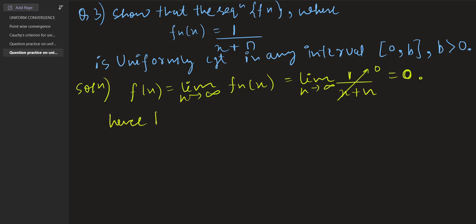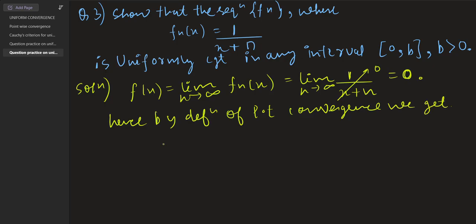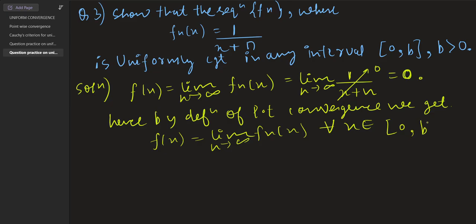Hence by definition of pointwise convergence, we get f(x) equals limit n tends to infinity of fn(x) for all x belongs to [0, b].